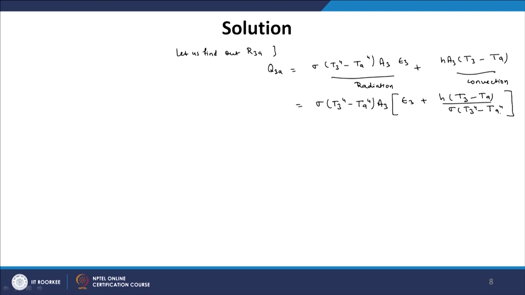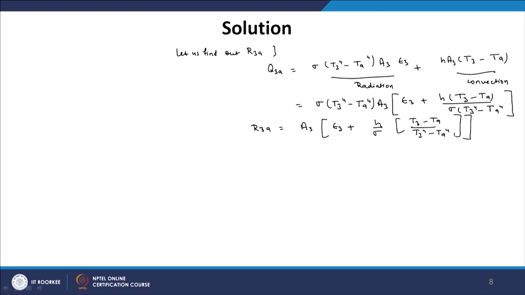So, this is what we have basically defined. Now, we define the resistance as A3 epsilon 3 plus H by sigma, T3 minus Ta upon T3 power 4 minus Ta power 4. So, this is a complicated expression for the resistance, the combined radiative and convective resistance at the top surface.